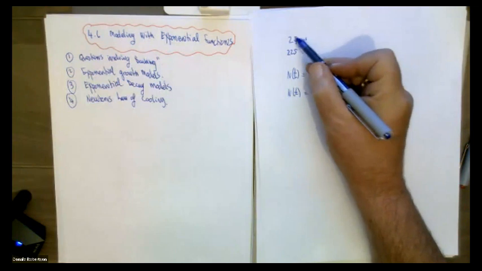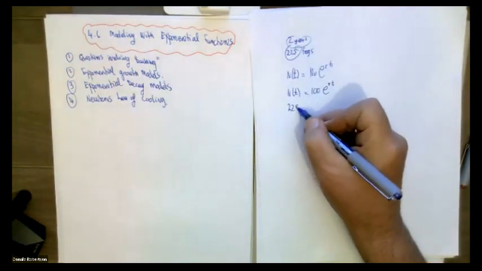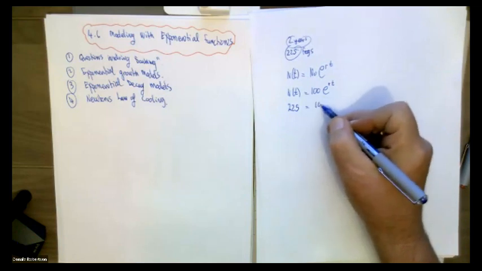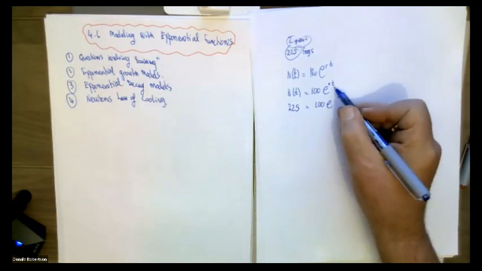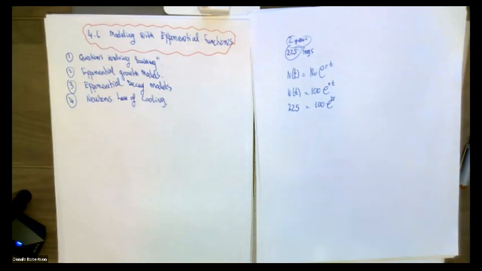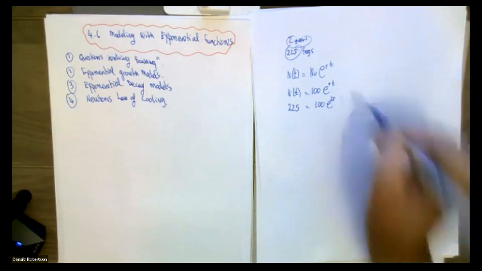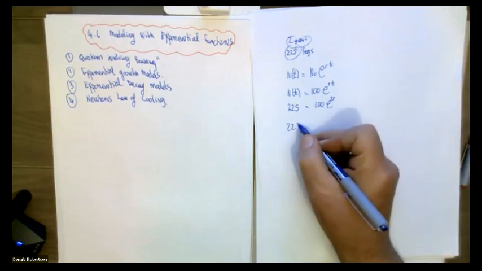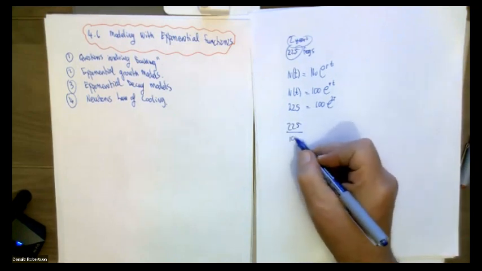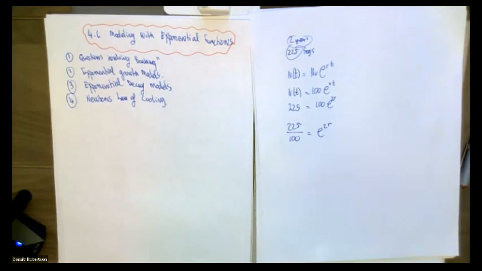Now, in 2 years, there's 225 frogs. So 225 goes here. And e to the rt is e to the r times 2, which is 2r. So what we're going to solve is for r. We're going to find the relative growth rate. So I divide both sides by 100, 225 over 100.